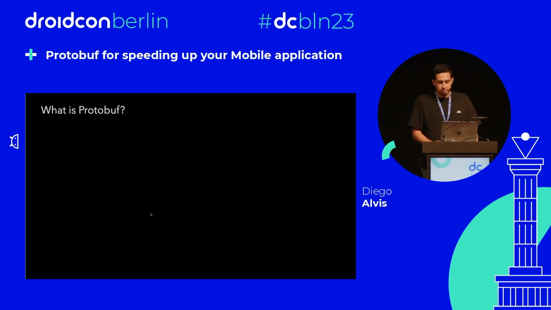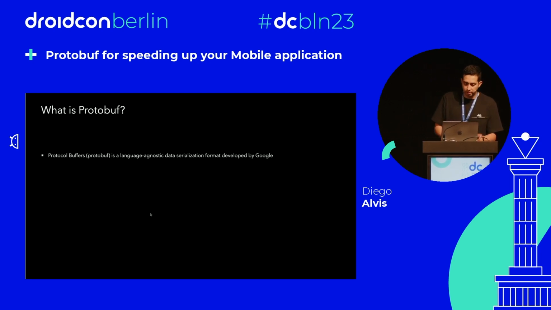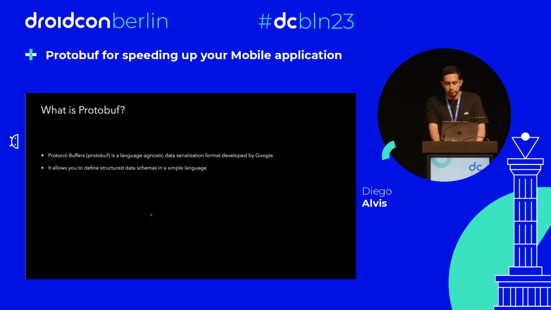First, what is Protobuf? So basically, protocol buffers, or Protobuf, is a language-agnostic data serialization format developed by Google. It allows you to define structured data schemas in a simple language.